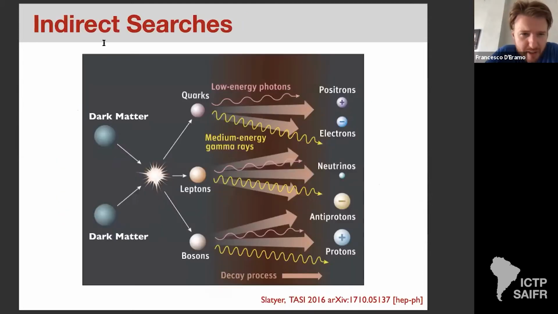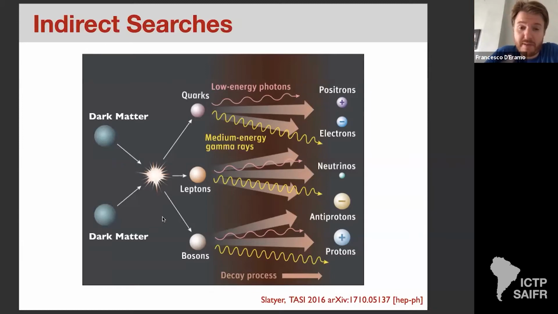So for each one of these searches, I put one reference, which I think is very good. So this is a reference of TASI lectures from 4 years ago on indirect detection. And this is the same kind of figure that we saw yesterday. So I will not repeat myself too much. I just want to emphasize that you can annihilate to any standard model final states, or even beyond the standard model final states, which are usually unstable.